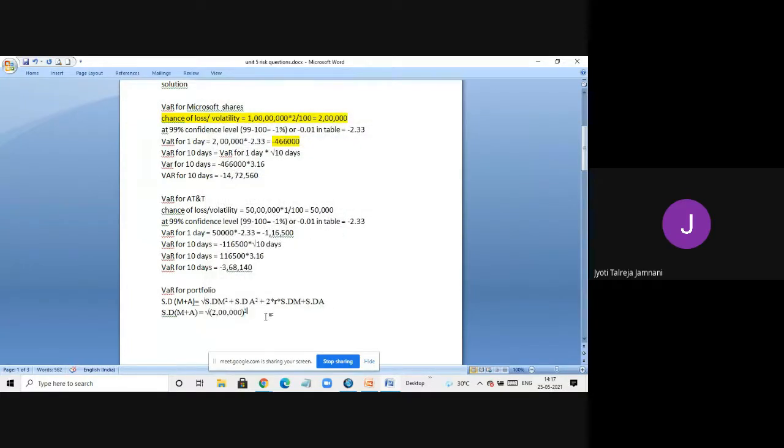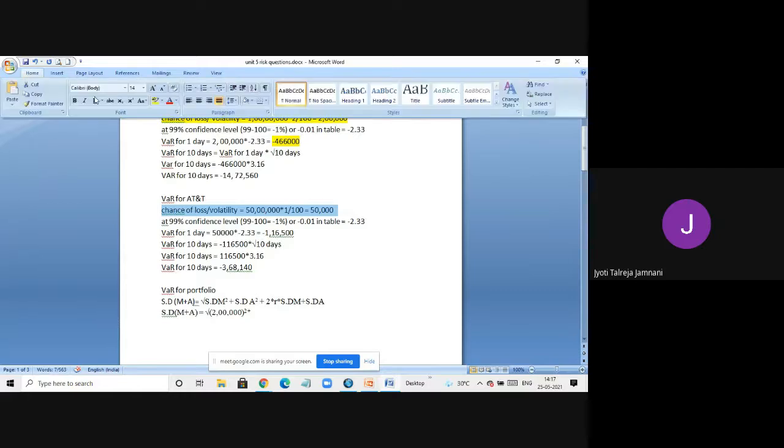Then we'll do plus standard deviation of AT&T, which is here 50,000. You found out the volatility was 1%. So that volatility, what we found, we'll take that. So plus 50,000 square we'll find. So we're going to find the square of both of this.